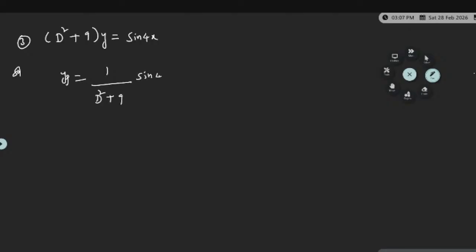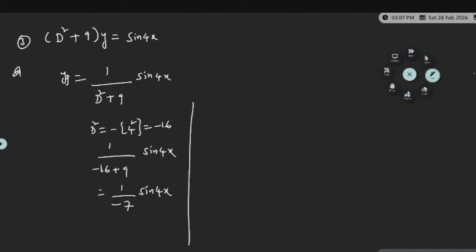Substitute d square equal to minus, sin 4x by minus 7. Simple.